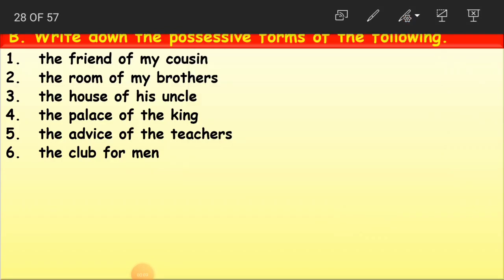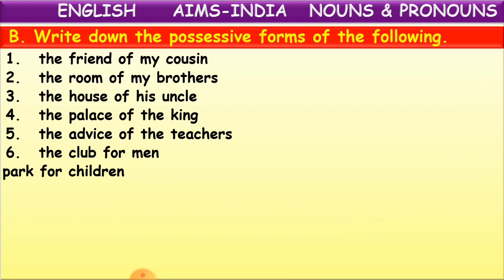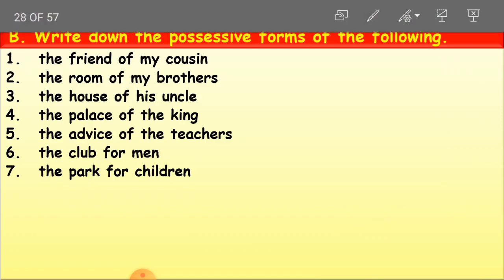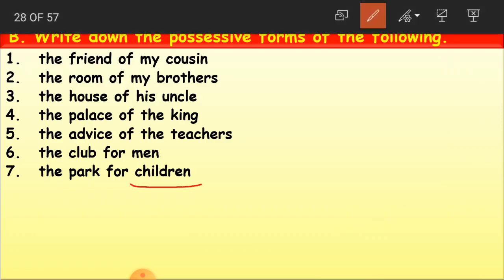We'll go to the next question now. The park for children. Again, see, the noun here is in plural form. Child is the singular form, children is the plural form. Even though it is in plural form, it does not end with s.